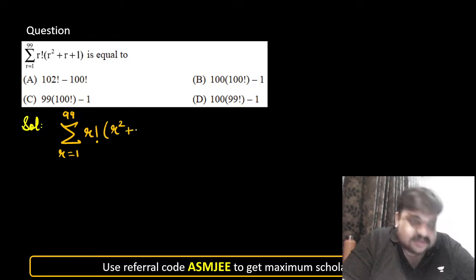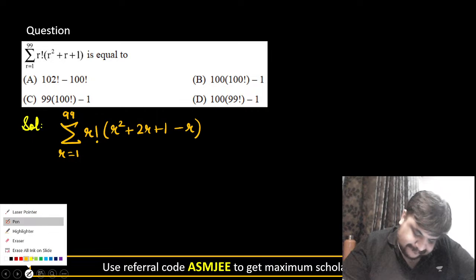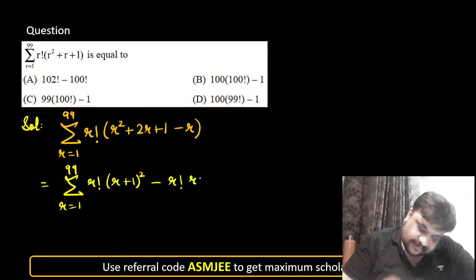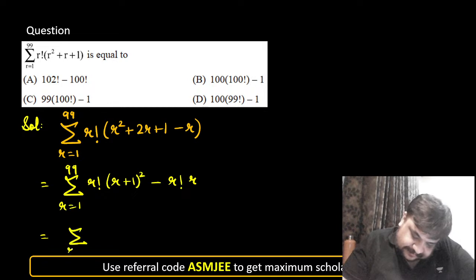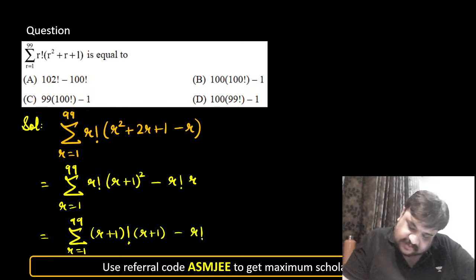So what we can do here is, see this. I can make r square plus r plus 1 as (r+1)^2 minus r. This will be the summation r equal to 1 to 99 of r factorial into ((r plus 1) whole square minus r), which is effectively the summation from 1 to 99 of r factorial into (r plus 1), which will be (r plus 1) factorial into (r plus 1), minus r factorial into r.